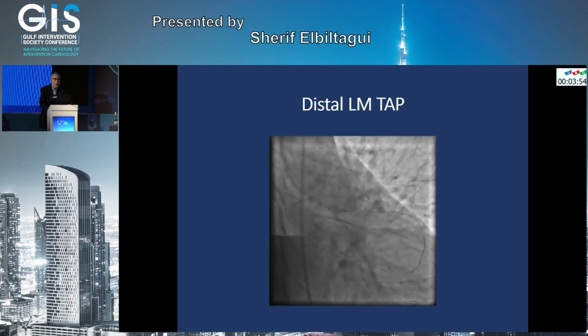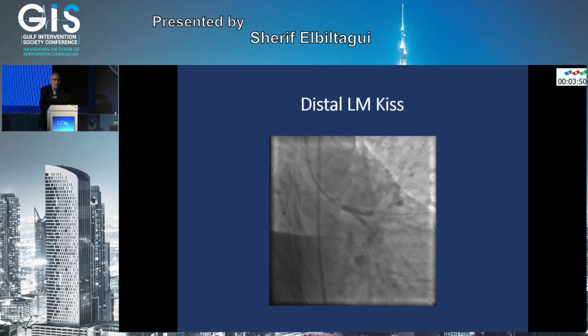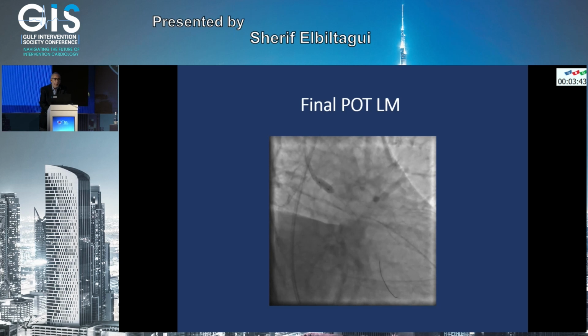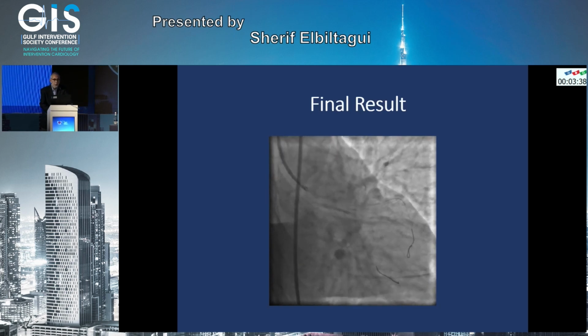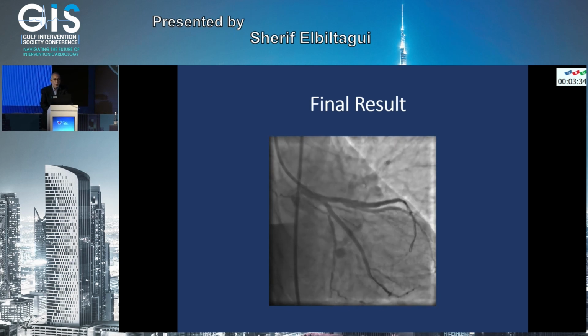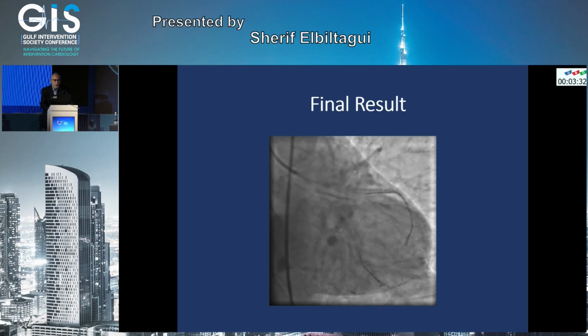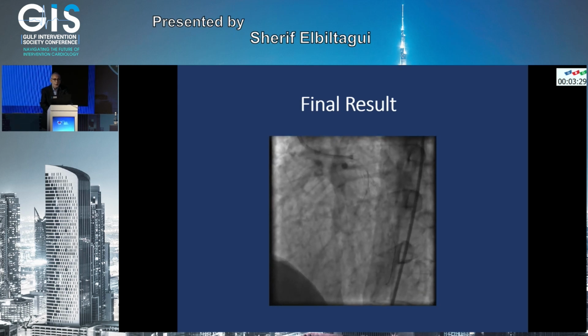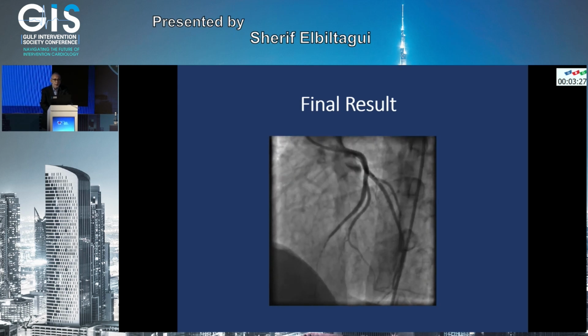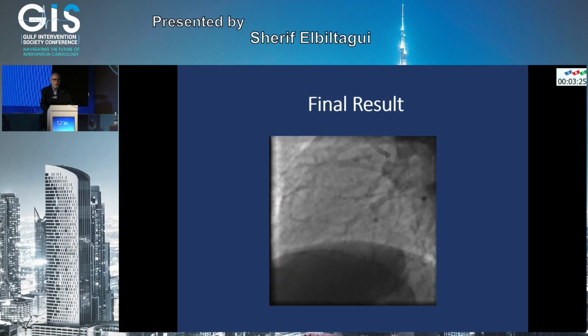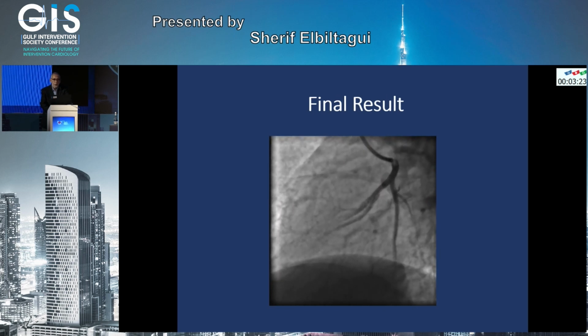And then, as usual, TAP to the CX, and then the kissing balloon, and then a final POT with a 5 mm balloon. So I was lucky, after a lot of work, to end with such an acceptable result here, and also in the lateral view.